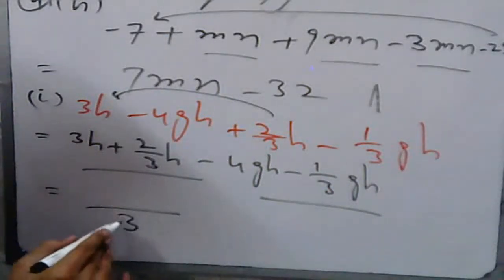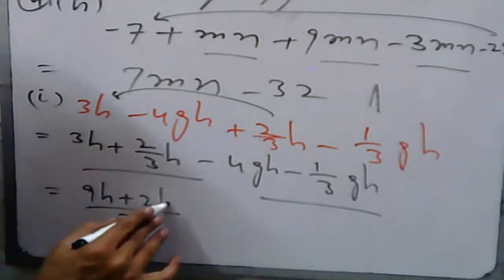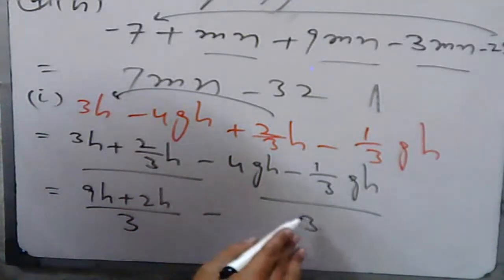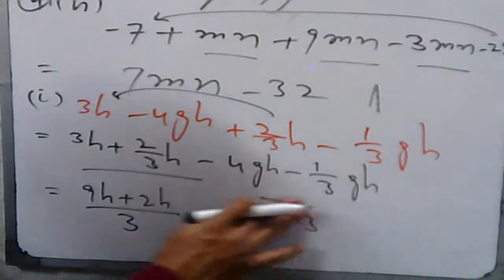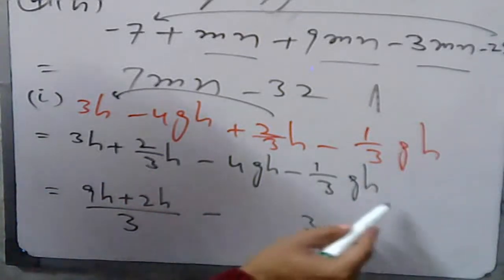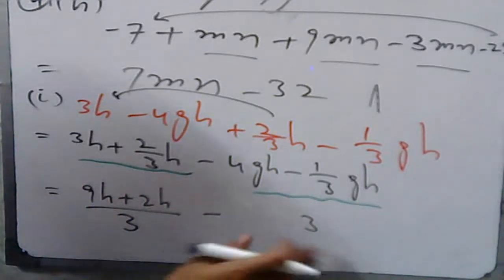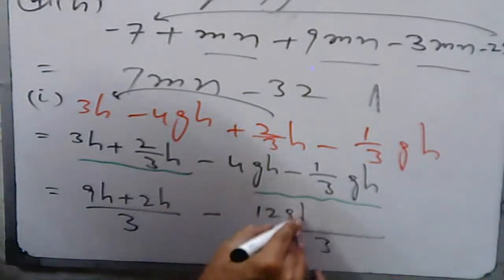Now the h should be added or subtracted, taking LCM 3, that is 9h plus 2h. Similarly here 3 is your LCM, only to clear the concept.